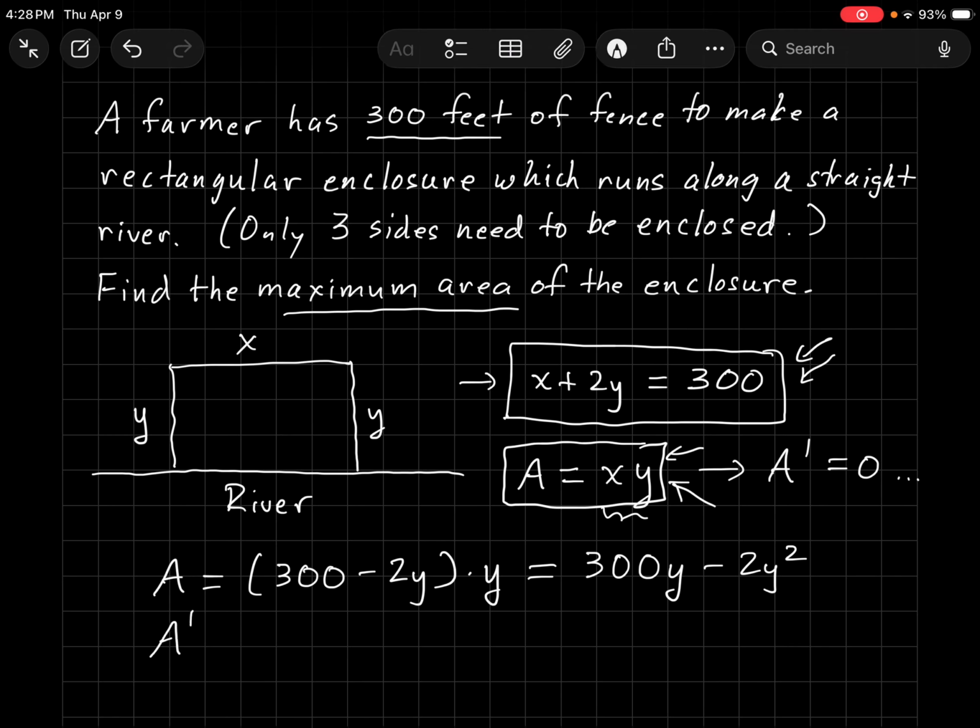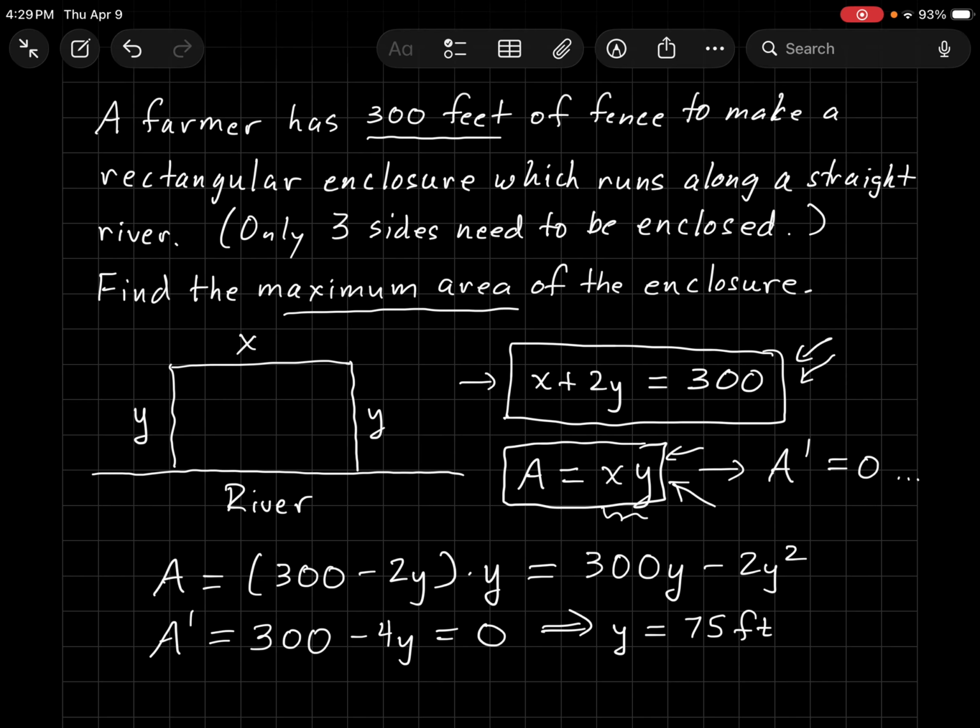Okay, we know that maximum says take the derivative, giving us 300 minus 4y. I don't need to worry about undefined here, just 0. So we set the derivative equal to 0. And then just with a little bit of work, we see that y equals 75 feet.